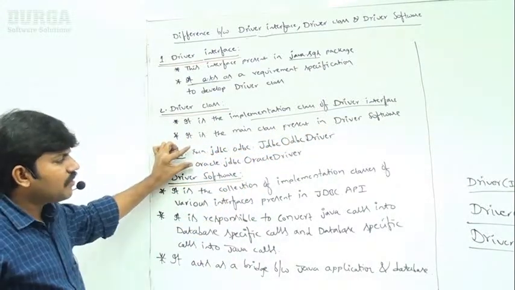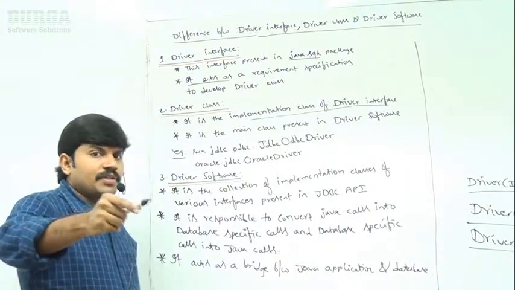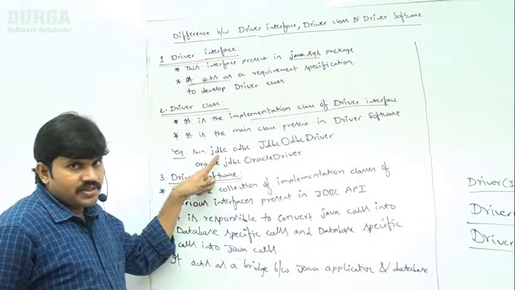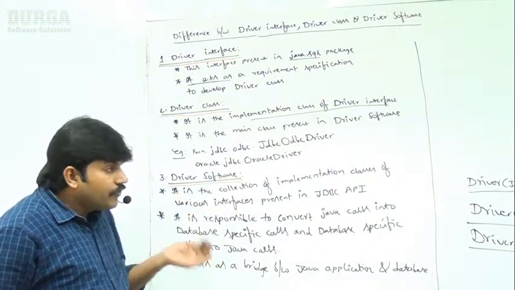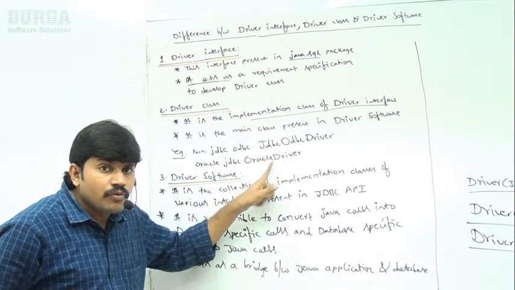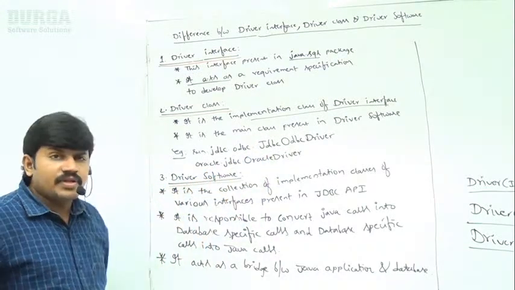If you want an example of a driver class: for type 1 driver software, the corresponding driver class name is sun.jdbc.odbc.JdbcOdbcDriver. If you want a type 4 driver, it is oracle.jdbc.OracleDriver. Clear, right? Next, what is driver software?